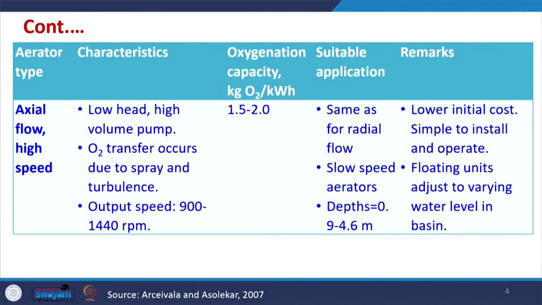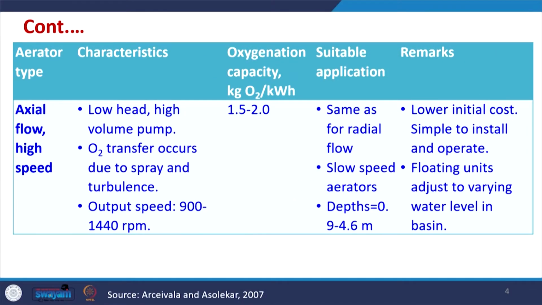They can be used for contact stabilization, aerobic digestion and aerobic lagoons also. They have a good aeration depth of around 0.9 to 5.5 meters. Despite these advantages, they have a very high cost and sometimes speed reduction is a problem. This is with respect to radial.